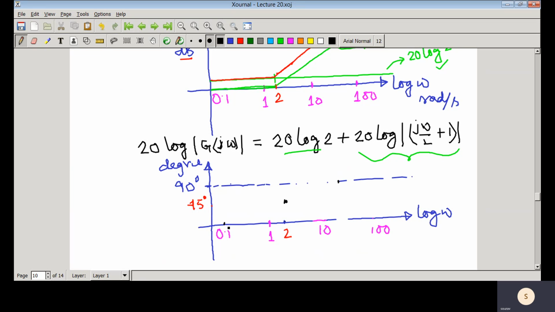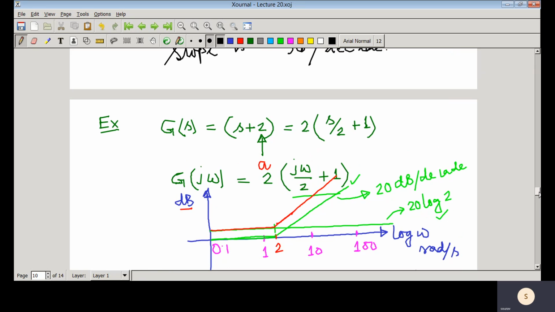So then this is that slope, and this is the asymptotic phase plot, and here you should write that it is 45 degree per decade. So this is that slope. In this particular example, whenever we have a factor s plus 2, this is the asymptotic Bode plot.